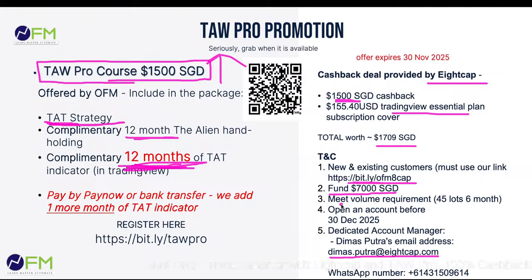You need to meet a requirement of 45 lots in 6 months. These are the terms and conditions. The funding here, 7,000, is your own capital. After you fund, you can trade it. But this volume requirement, you need to meet in order for them to give you the cashback into your trading account.